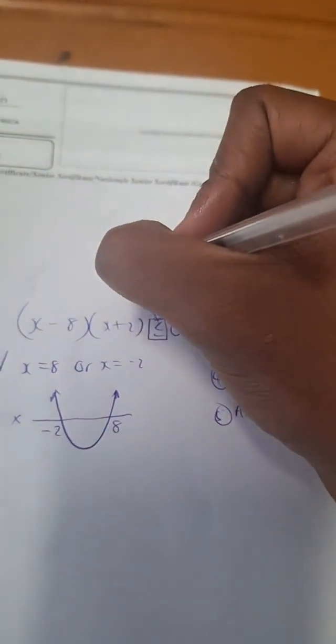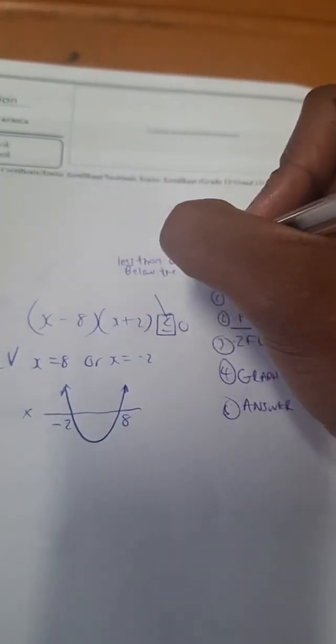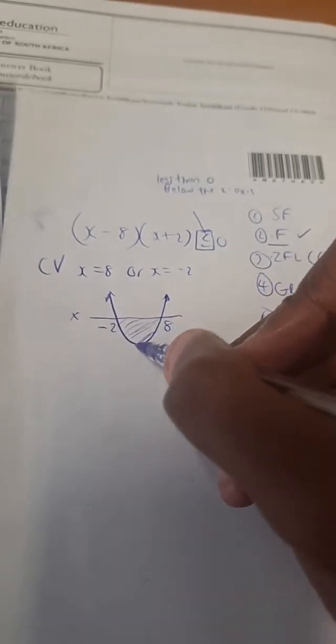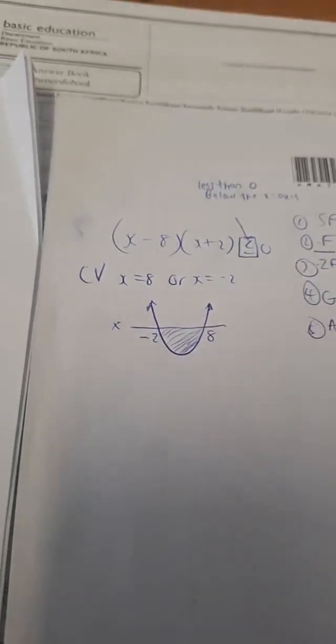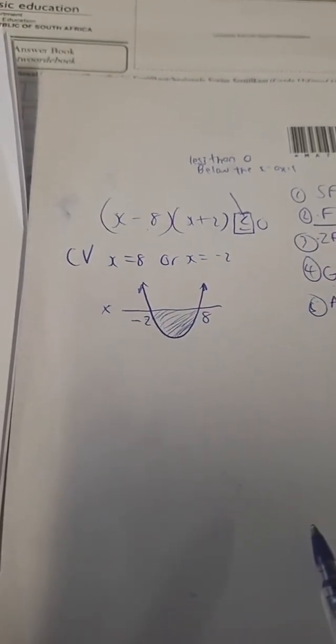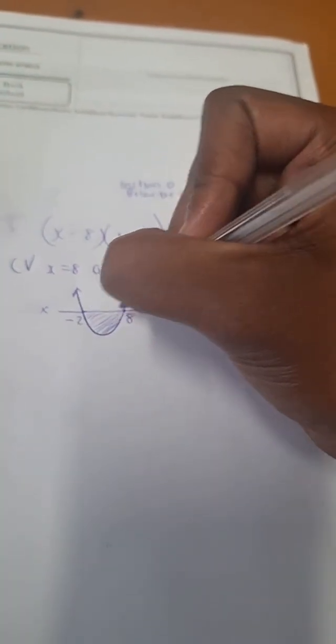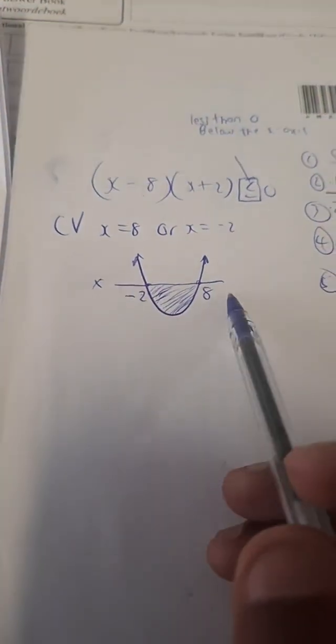It means below the x-axis. Guys, this is the x-axis, and this is basically what you have below the x-axis. So from which x value to which x value do you have this? It's from negative 2 to 8.